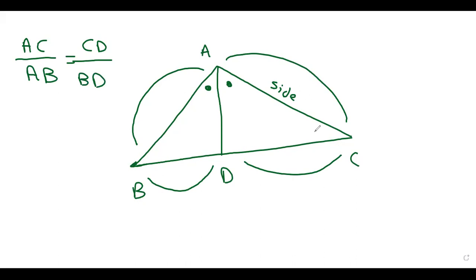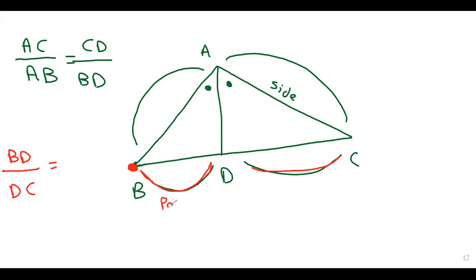Once again, if you are going to find the ratio starting with BD firstly, you are going to start with B. So BD, for example, you started with BD over DC, the parts of the base.